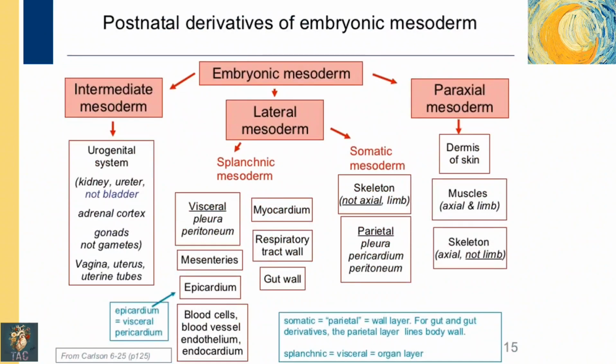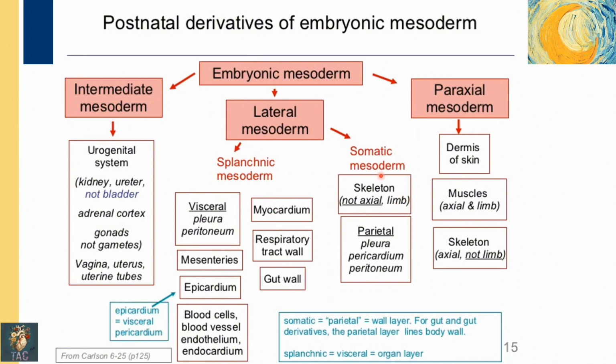So this is the revision slide of today's lecture, the postnatal derivatives of the embryonic mesoderm. The embryonic mesoderm differentiates into intermediate, lateral plate and paraxial. Paraxial mesoderm will form the dermis of the skin, the muscles both axial and limb, and the skeleton. The lateral plate mesoderm then differentiates into somatic mesoderm and splanchnic.